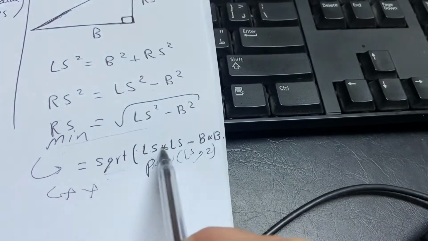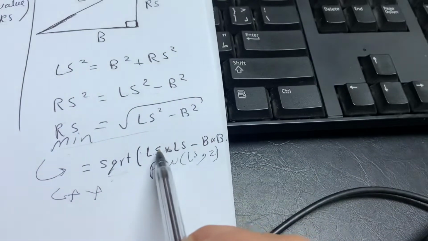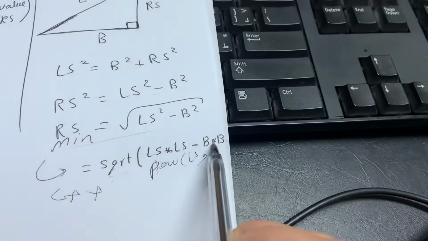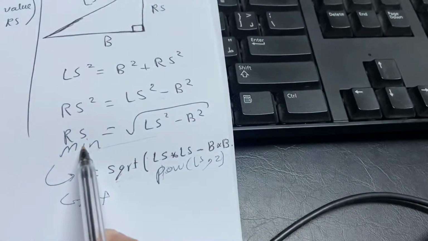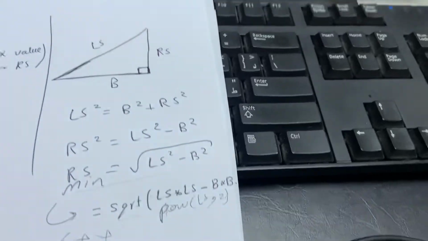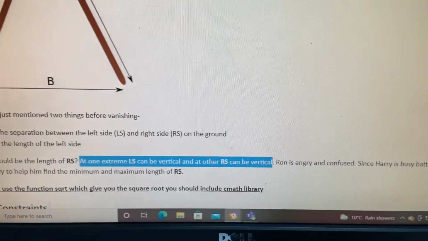So it will calculate first left side times left side and B times B, then subtract, and find the square root, and this is the value finally of the minimum value of the right side of this triangle or of this ladder.